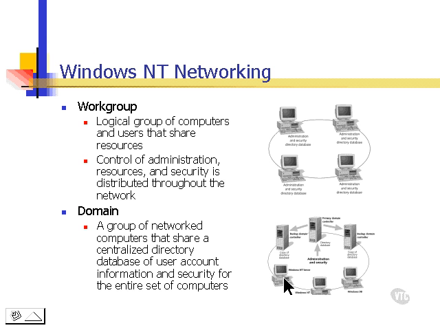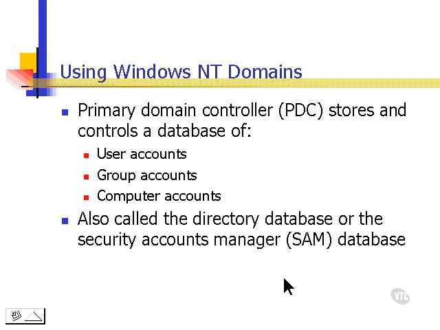So we can use a domain to centrally administer a network. The servers that do the centralized administration are called domain controllers, and the main server that holds the database of information is the primary domain controller.